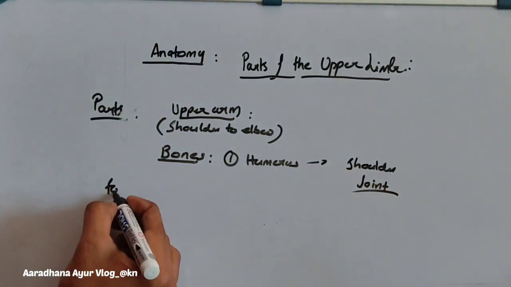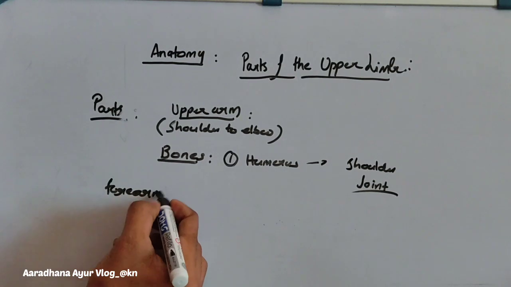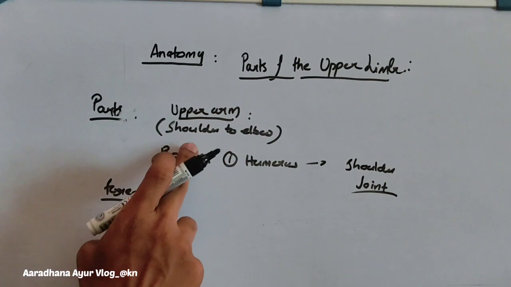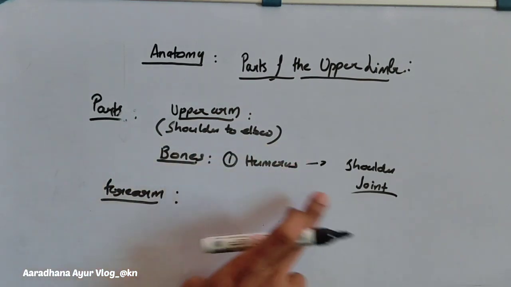Next is the forearm region. The forearm region starts from the elbow joint to the wrist joint. From the elbow to the wrist, that is the forearm. From the shoulder to the elbow is the upper arm, or arm, where the humerus is there and it makes the shoulder joint.